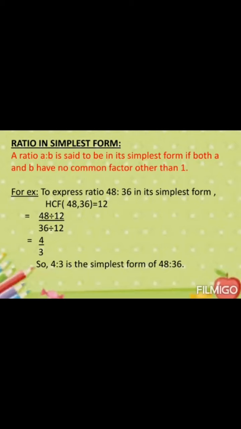So HCF of 48 and 36 is 12. So A and B both we have to divide by 12. So that means 48 divided by 12 upon 36 divided by 12. It will be 4 by 3. So 4 is to 3 is the simplest form of 48 is to 36.